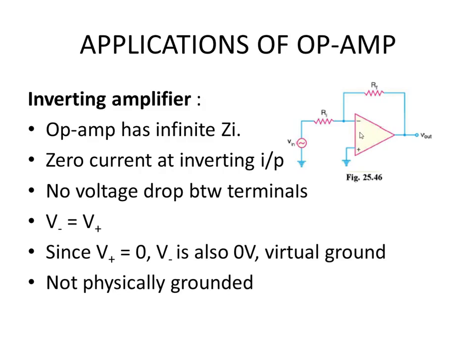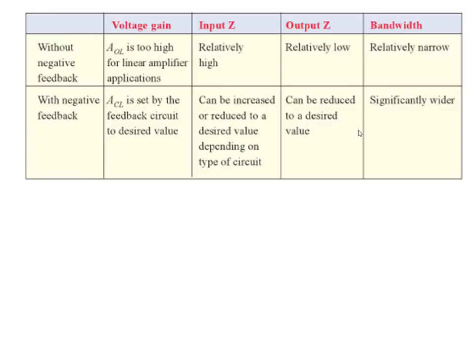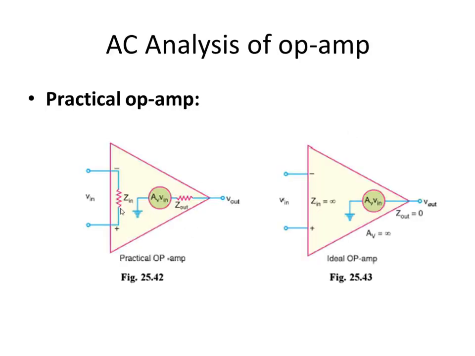Since the input impedance is infinity, there is no current flow between these two terminals. In the input terminals, the current flow will be zero. Input current is zero since the input impedance is infinity. Already we discussed it. This input impedance infinity means there is no current flow between these two terminals. So the input current will be zero.